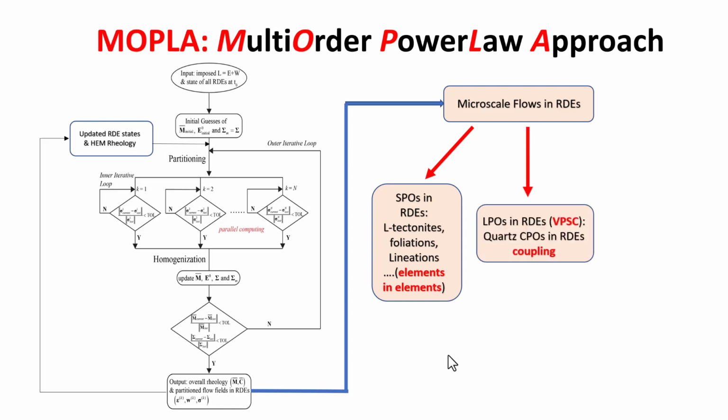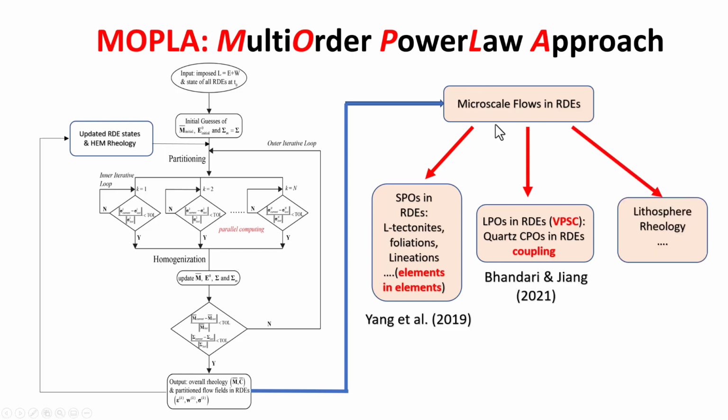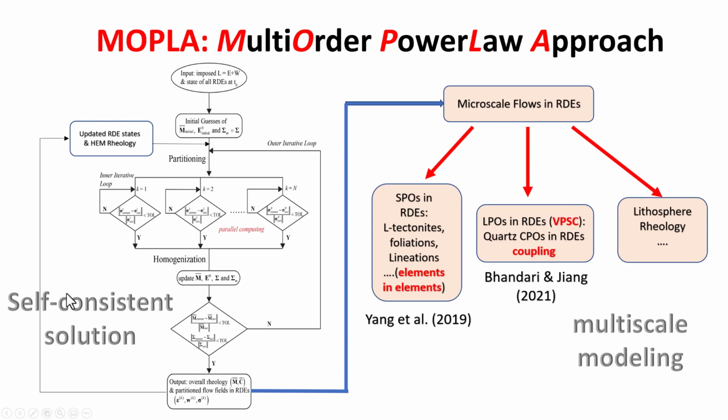We can also investigate LPO development in selected RDEs, such as quartz CPO development. We can use the partition flow to investigate other geological problems. So by this approach, we relate self-consistent solutions with multi-scale modeling. We achieve multi-scale modeling and multi-physics coupling. The Moplar package is available via this site.